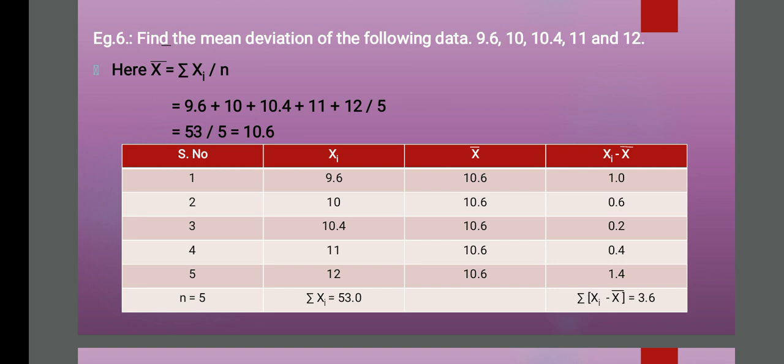So the sum of xi minus x bar is called the deviation. The deviation value is found to be 3.6. Is it okay? To find the mean deviation, you divide this 3.6 by 5. Only 5 values we have. Okay? So you divide the value by 5, you get the mean deviation.